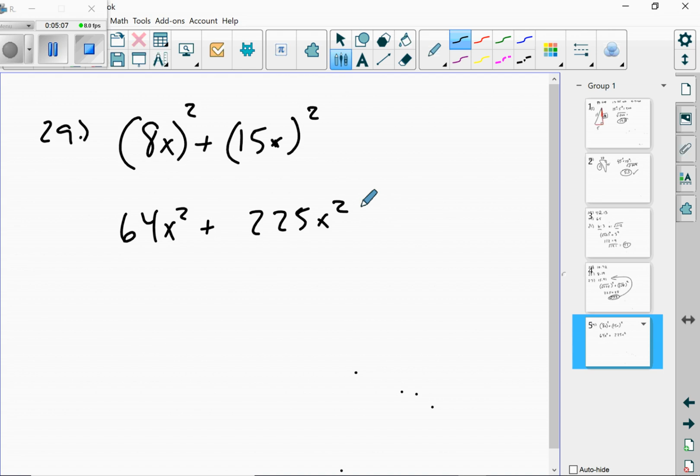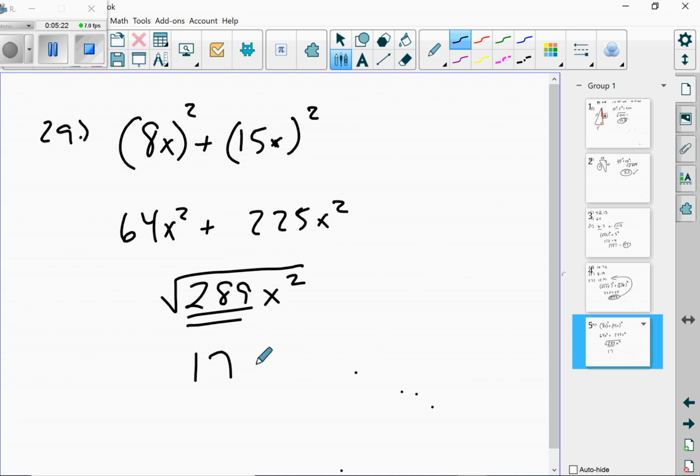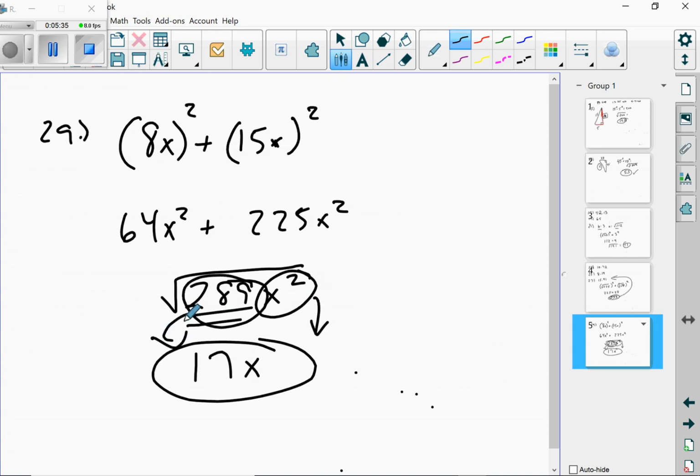So I think this equals 289x squared. And I'm going to square root this now, and the square root of that's going to be 17x, right? 17 times 17 is 289, and x times x makes x squared, so 17x would be the answer for C in this problem. Right, the square root of x squared is x, and the square root of 289 is 17. Right.